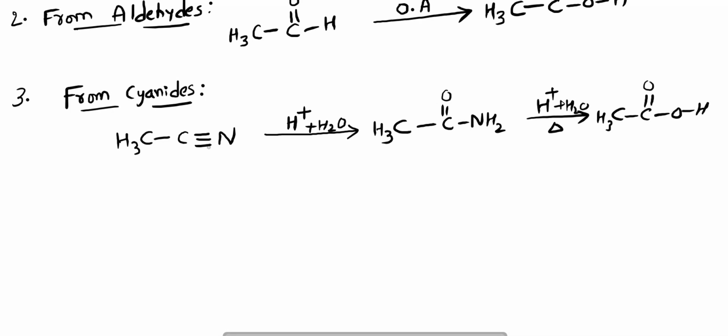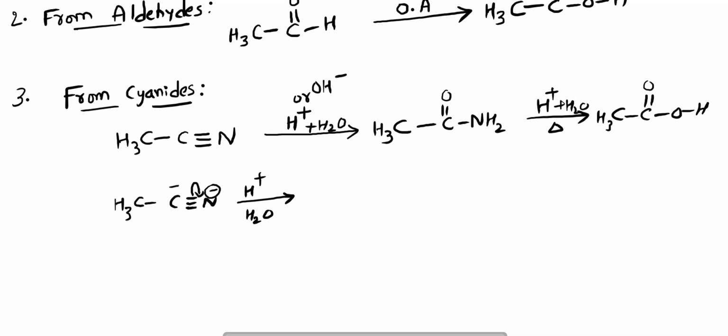Now in this case, we have amides also, we have cyanides also. Both are involved in the same step. Let's see how it is happening. When cyanides are there, you add any acid, or I can use a base also, OH minus. Suppose I add acid with water. The electrons of the triple bond between carbon and nitrogen are taken by nitrogen.